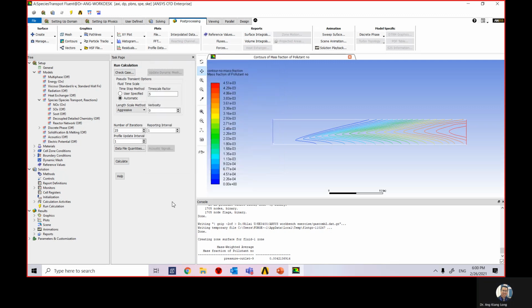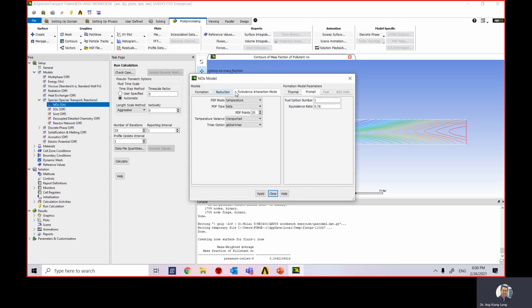Close this one. Now the next step, in this case, we already look at two types of pollutant, again, prompt and thermal. Now, what happens if you only consider one type of the NOx? So we go to setup here again. Model, species transport, NOx on. We go to edit.